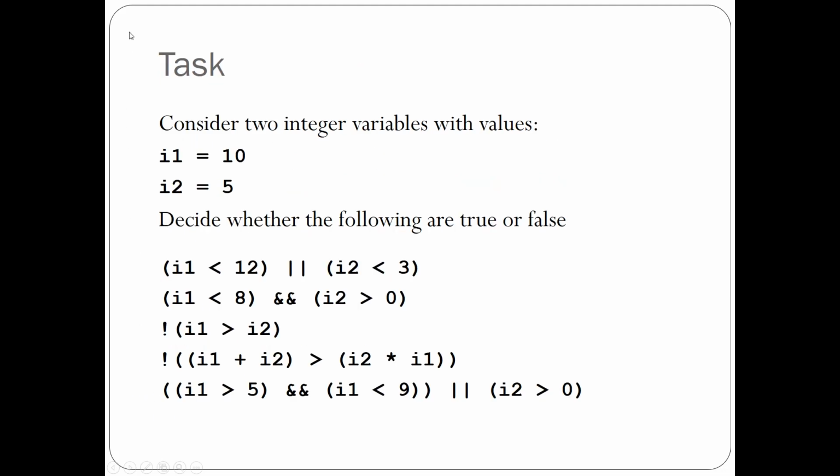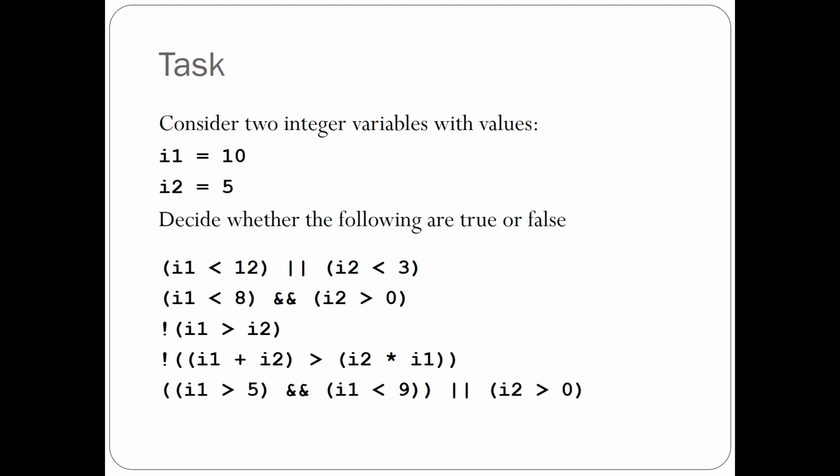So here's something to give you a bit of practice. We've got two integer variables, one called I1 with 10 in it, one called I2 with 5 in it, and we've got some compound decisions. They use OR, they use AND, there's even a NOT in there. They also incorporate some mathematical symbols and greater than and less than symbols that we've learned in previous lectures.